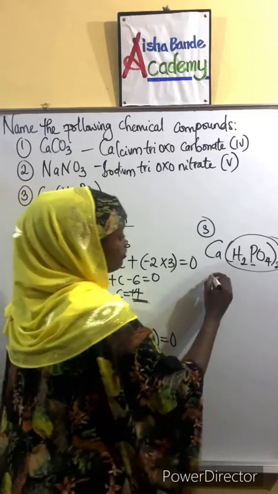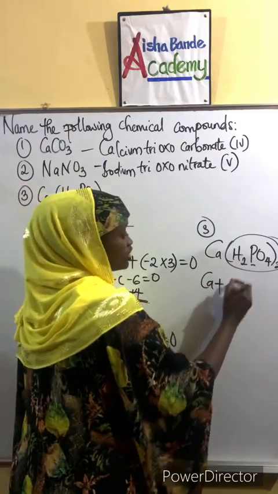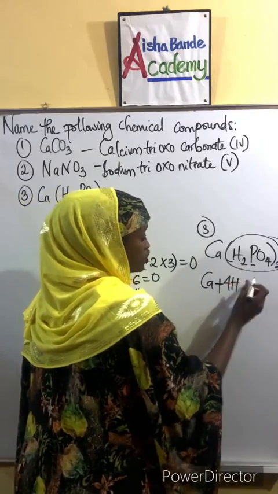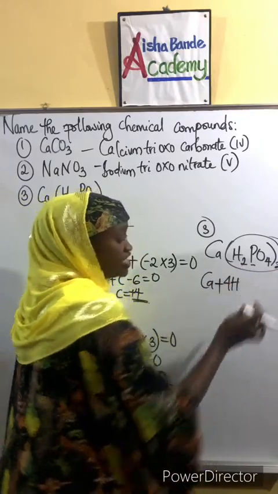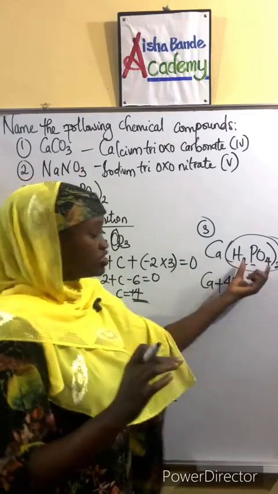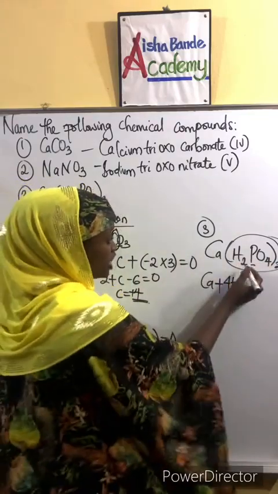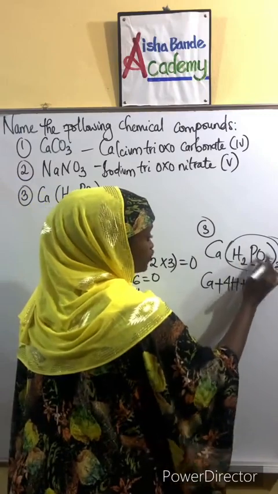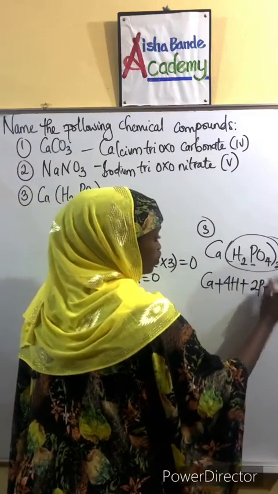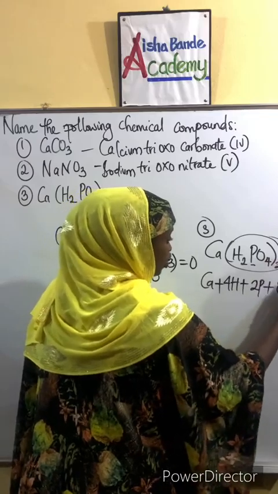So from here we have calcium plus hydrogen, which is going to be 4H, because hydrogen here is 2 times 2. This 2 here is affecting all the elements inside the bracket. So 2 times 2 is 4, plus phosphorus is going to be 2P, plus oxygen is going to be 8 oxygen.